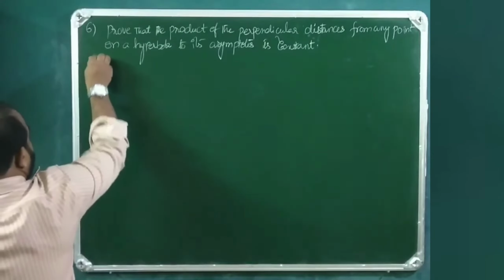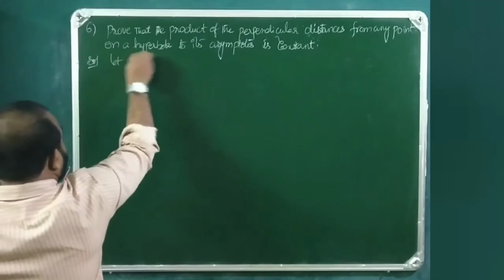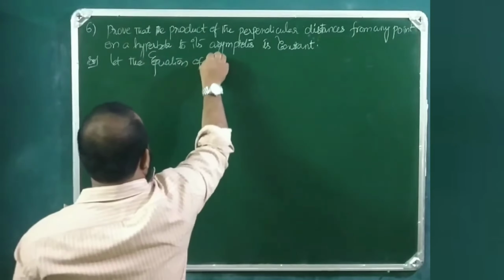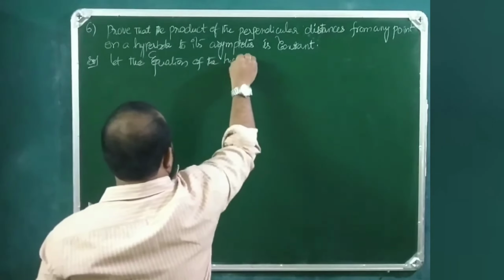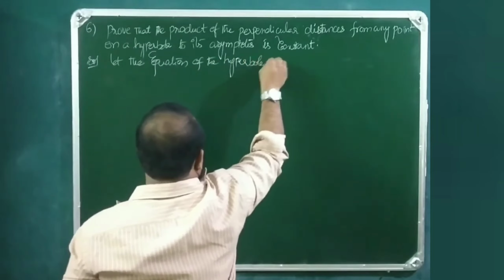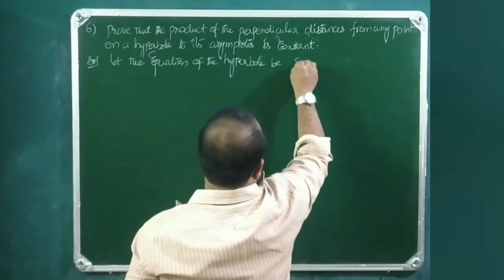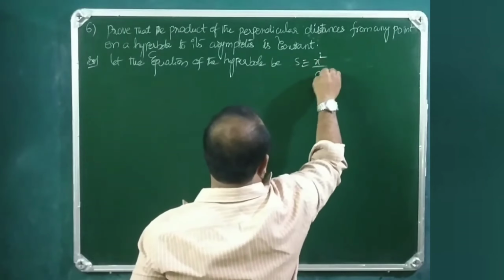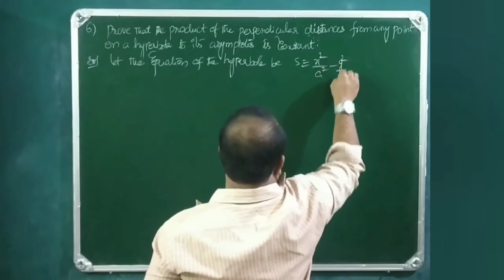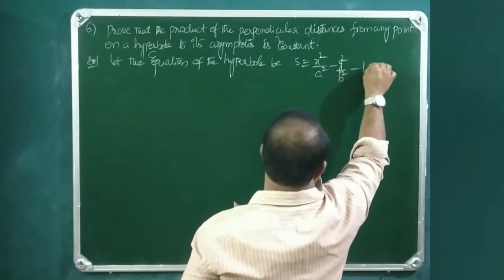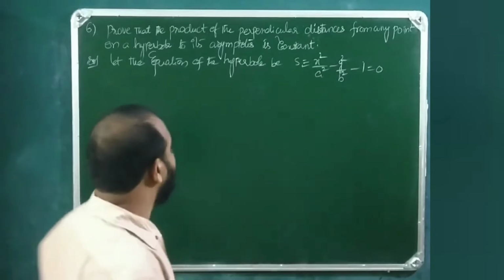So let the equation of the hyperbola be x square by a square minus y square by b square minus 1 equals 0.